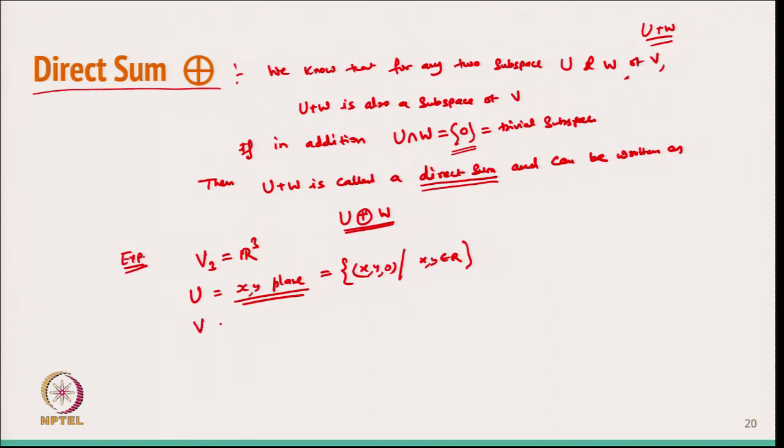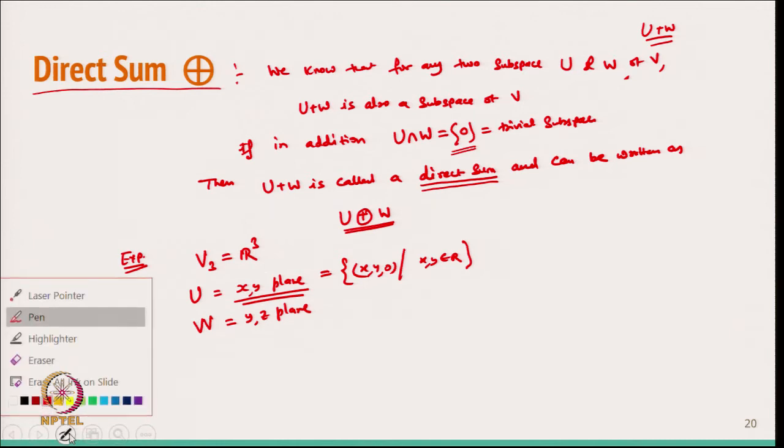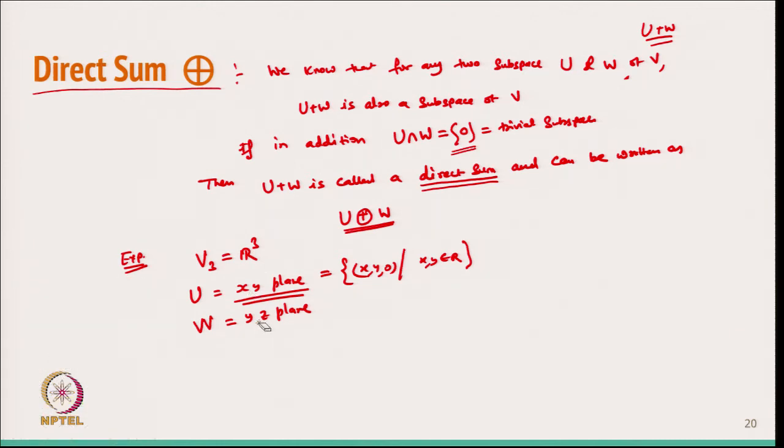Then W I am choosing, maybe the yz plane. So, the xy plane and the yz plane. The yz plane is the set of all elements (0, y, z) belonging to R.